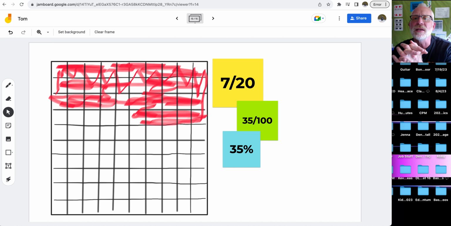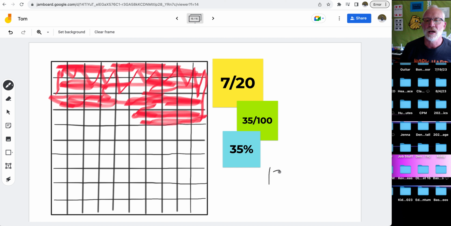I think we did 13/20ths, and what percent was that? Then the kids started thinking, well, if it's 13/20ths, maybe there's a different way I can do this. So they went 13 out of 20, and then some of them started thinking, oh, the big 1. And we talked about the big 1 is anything times its 1 is itself, right?